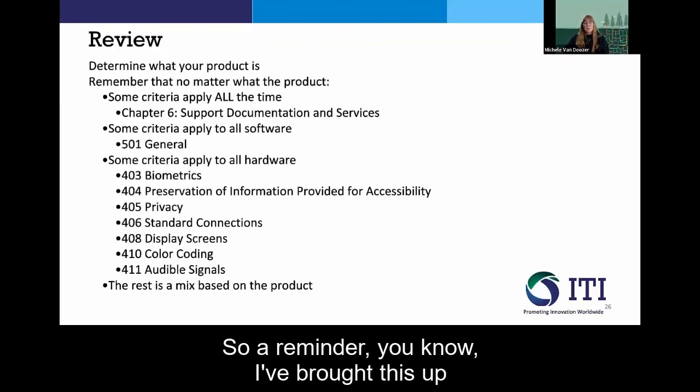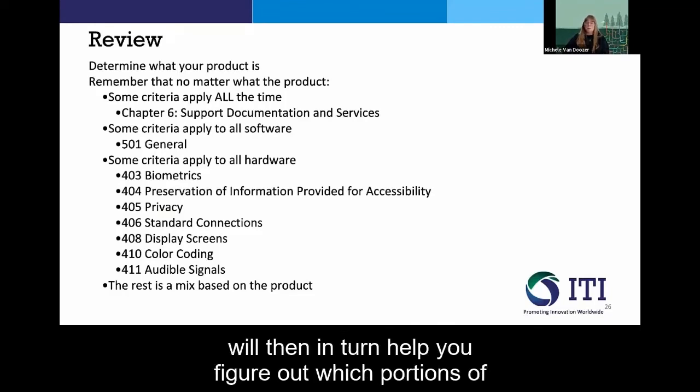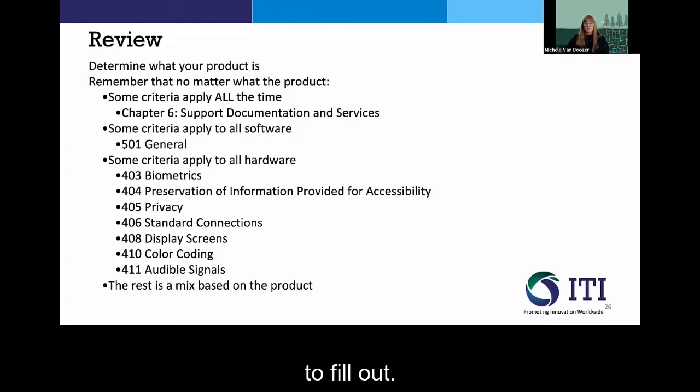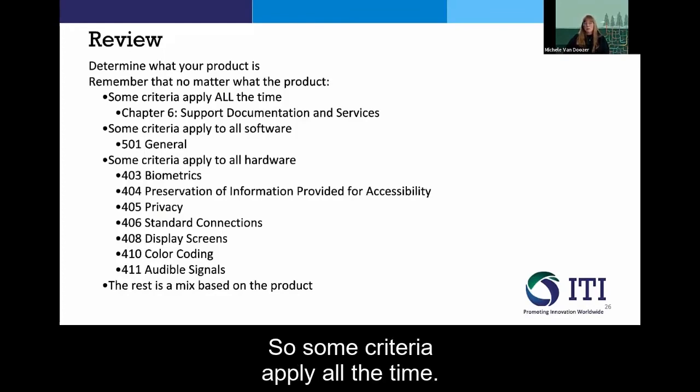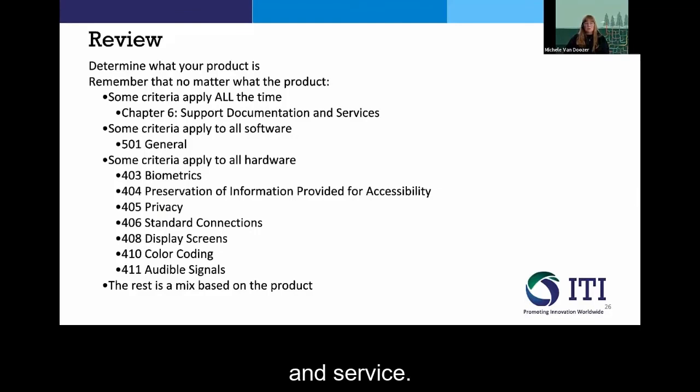So, reminder, I've brought this up multiple times. You need to determine what your product is, and that will in turn help you figure out which portions of 508 apply, and then in turn what parts of the VPAT to fill out. So some criteria apply all the time: Chapter 6, that's the support documentation and service. Some criteria apply to all software, that's your 501 general.